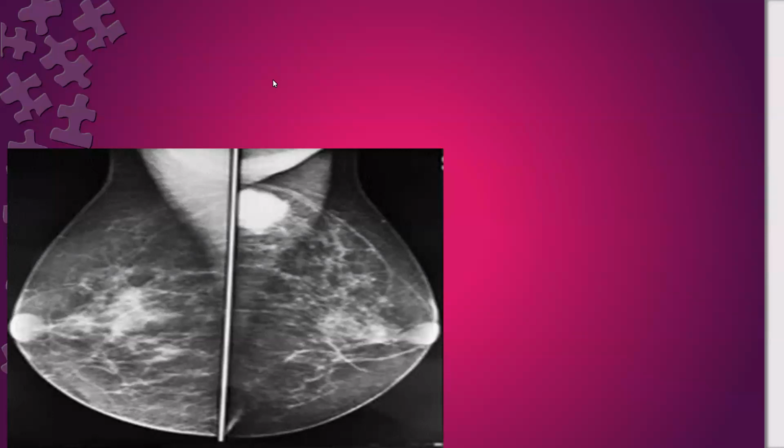Sarah. This is the MLO view of a breast. It shows the area of asymmetry. Am I right? Asymmetry or mass?